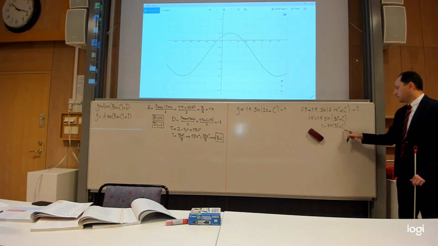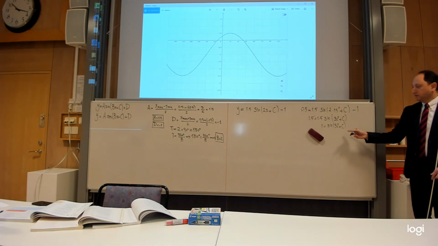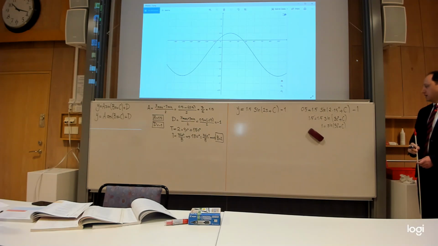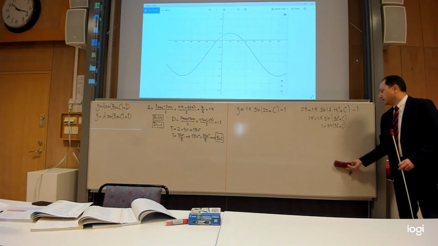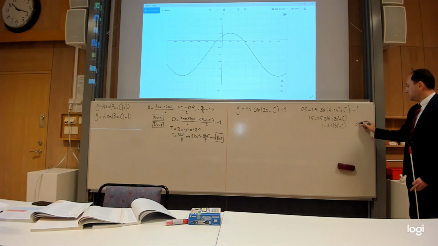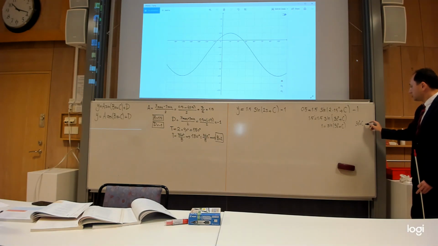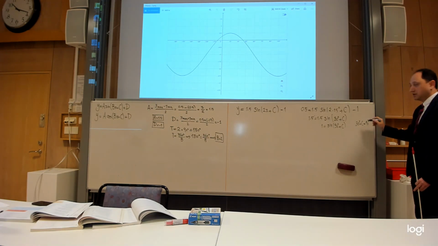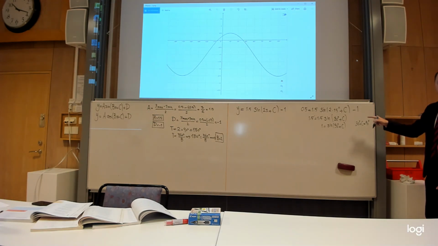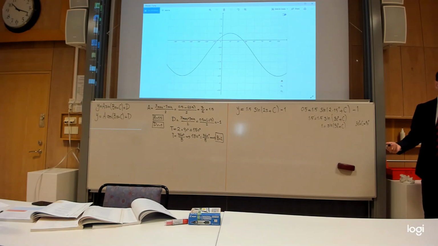And I told you that this is not unique. You have infinitely many choices for C. So let us, for example, see if I can find the smallest positive value. If I want to find all possible values, then it would be a little more work. So this means that 30 degrees plus C should be 90 degrees, yes? Or 90 degrees plus or minus multiples of 360 degrees, yes?